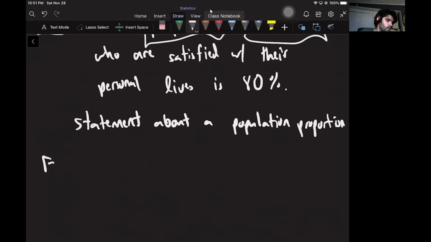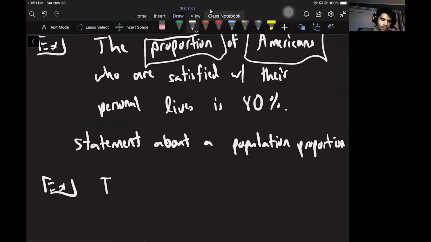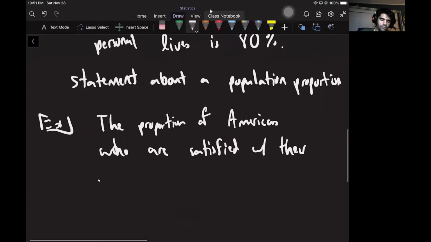Another one could be very similar. I could write down the exact same statement almost. So the proportion of Americans who are satisfied, I'm just going to change it a little bit, with their personal lives is below, I could say below 80%.